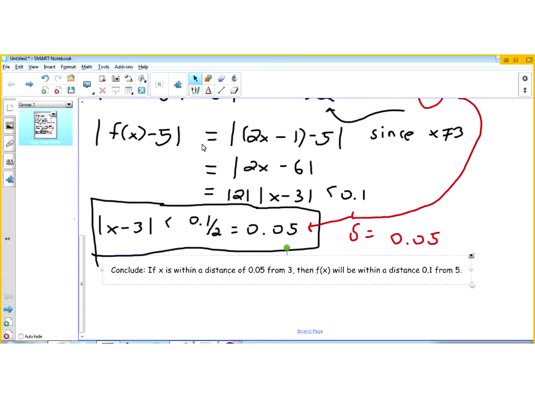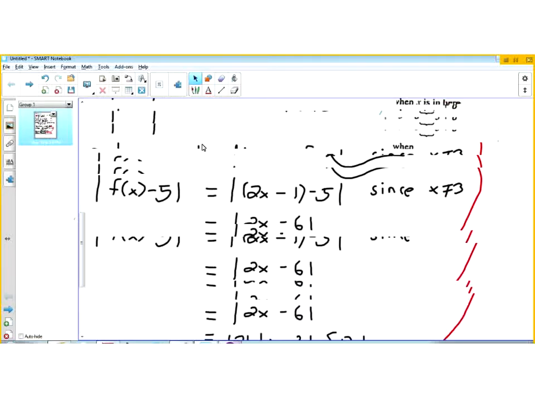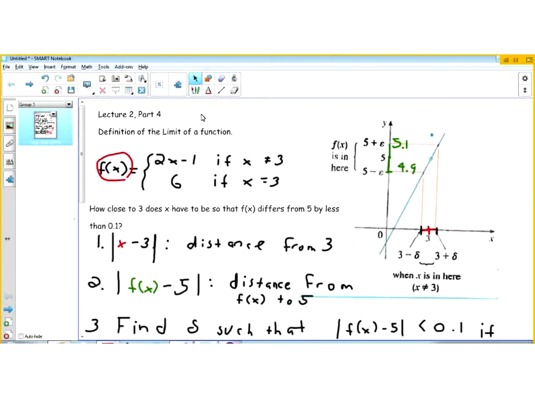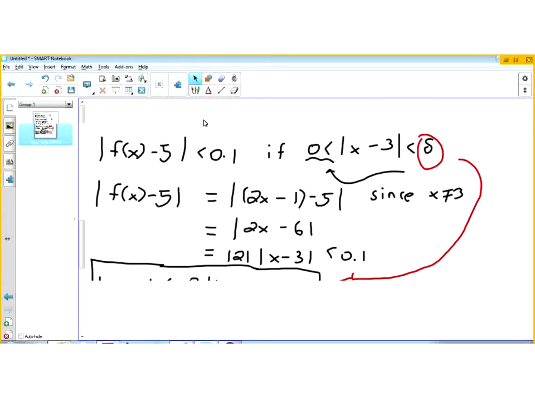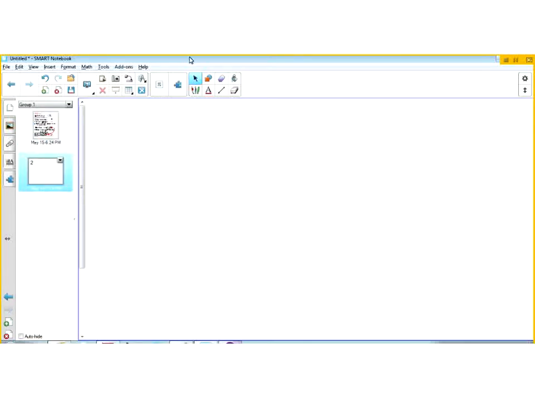So now we can take this very specific example, and we can generalize it into the definition of a limit. All right, so here's how. Let me go on to another page.